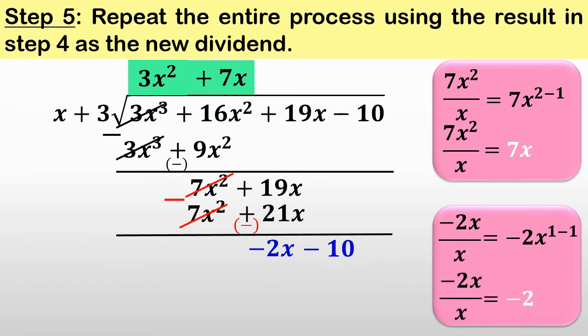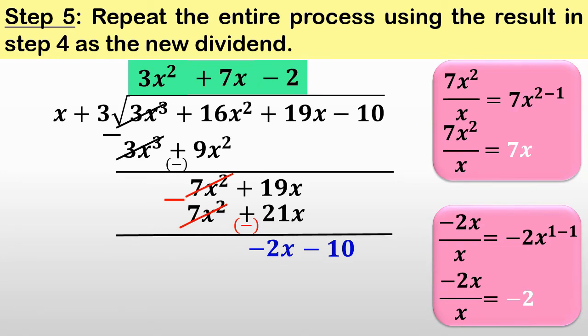Therefore, the answer is negative 2 only. Why? Kasi pag nag-subtract tayo ng exponent, 1 minus 1, it is equal to 0. And ang rule natin, kapag ang exponent ay 0, it means it is equal to 1. So, that's why we have here negative 2. Therefore, the last term of the quotient is equal to negative 2.